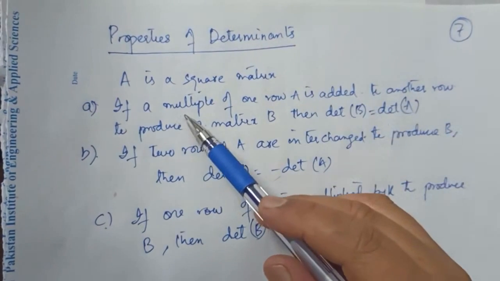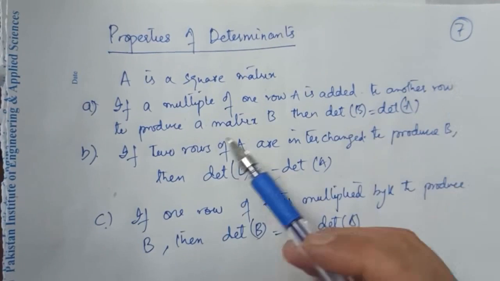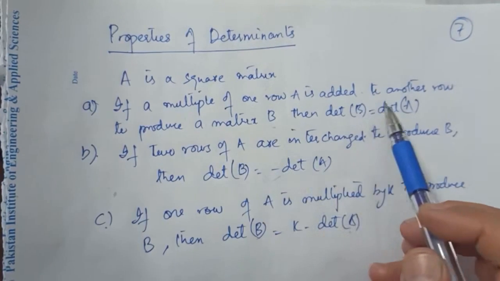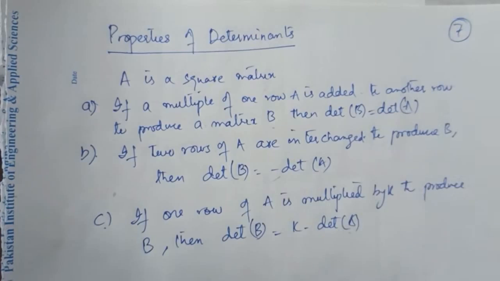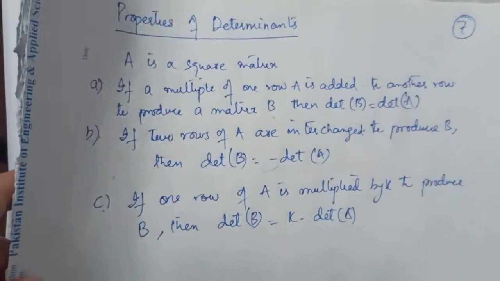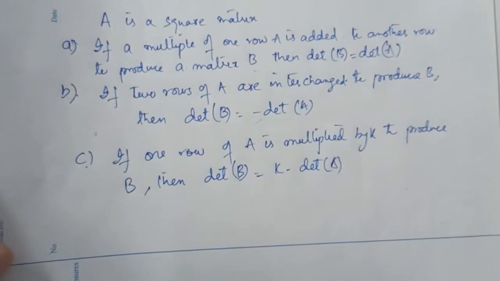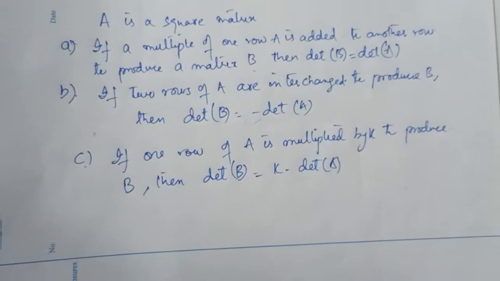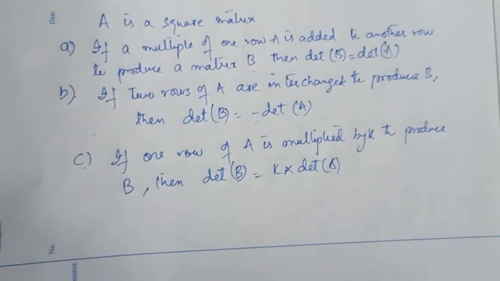So if this operation results in another matrix B, then determinant of B is equal to determinant of A. Now if two rows of A are interchanged to produce B, then determinant of B is equal to minus determinant of A. And if one row of A is multiplied by k to produce B, then determinant of B is equal to k times determinant of A.